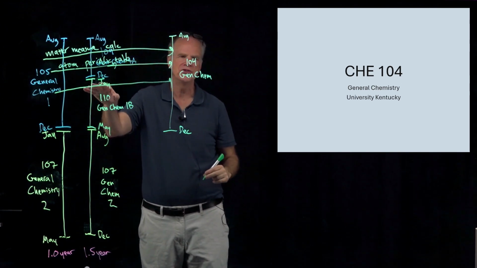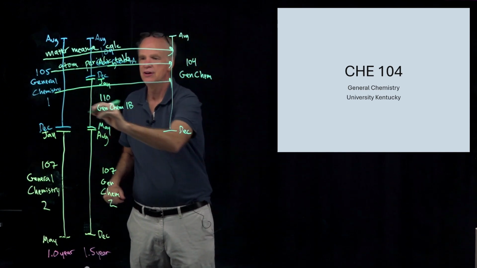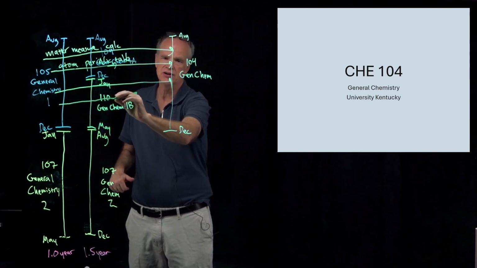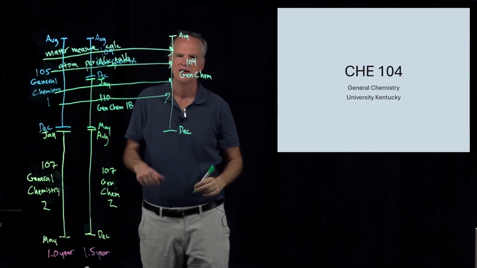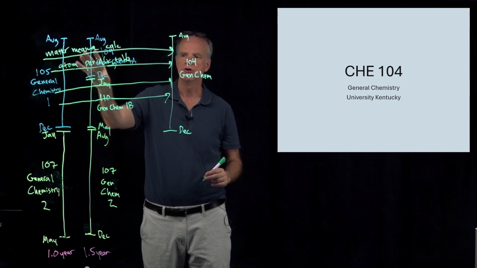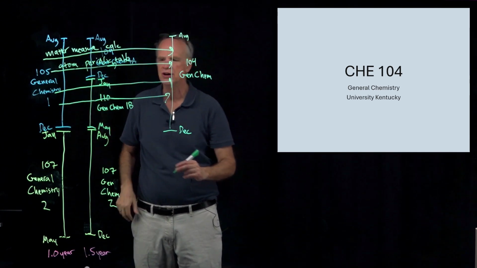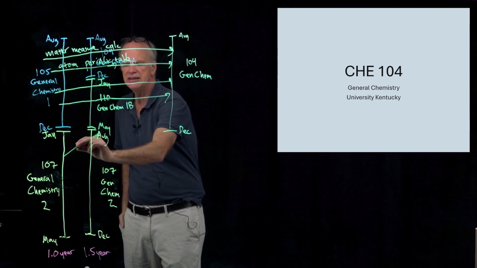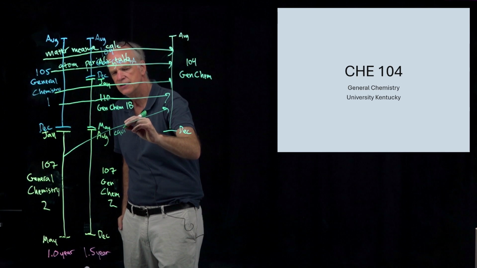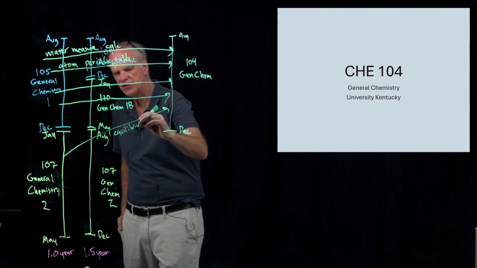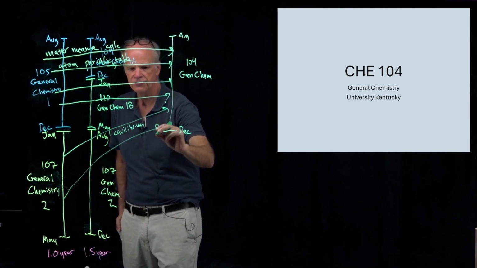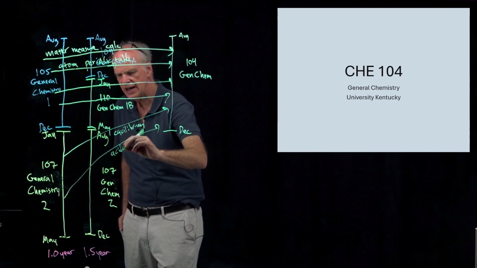We also start covering stuff that's normally covered not only in 105, but in the other track in 110. So again, we're covering highlights of what you would get in 105 or 109 and 110. But you also cover a few things that you might get in 107, such as equilibrium reactions, and another thing we cover in 104 is some information about acids and bases.